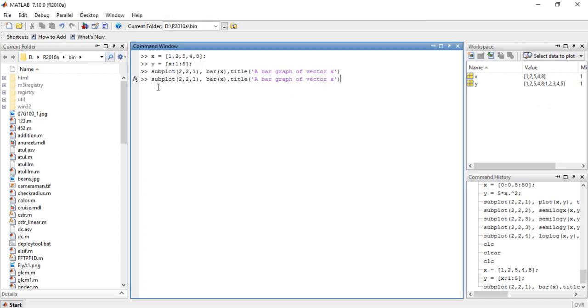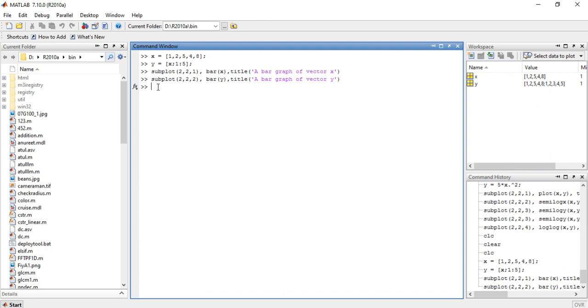Next, I'm going to draw the bar graph of vector y. I just replace the x with y, and this is our second window, and this is the bar graph of vector y.